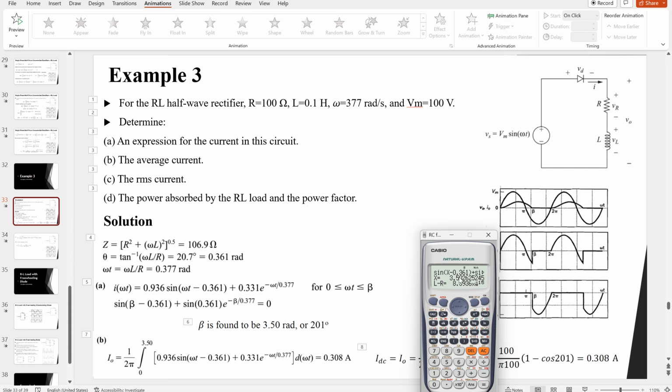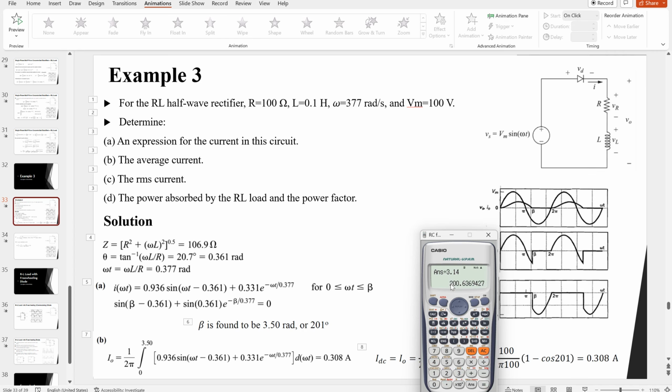So 3.5 in radians. If I would like to convert it into degrees, I will multiply by 180 and divide by 3.14. So 3.5 multiplied by 180, then divided by 3.14.